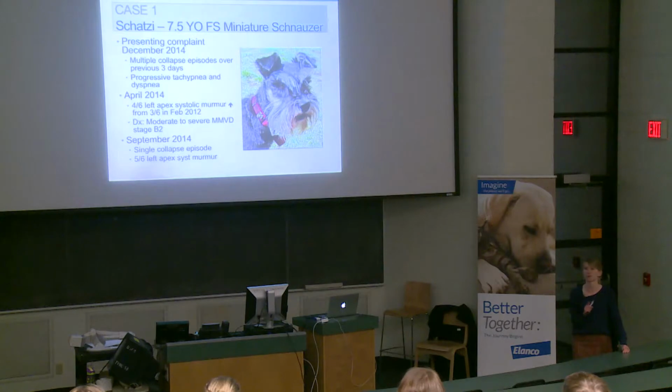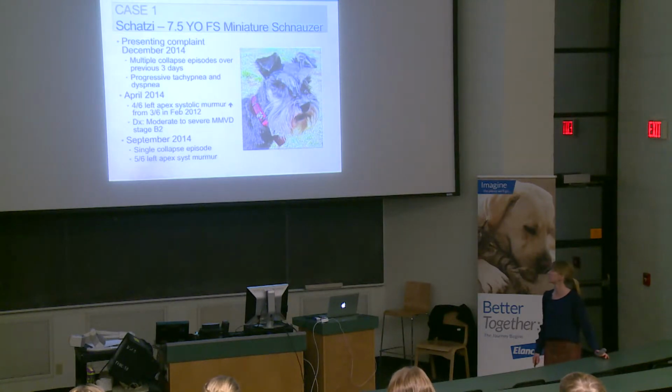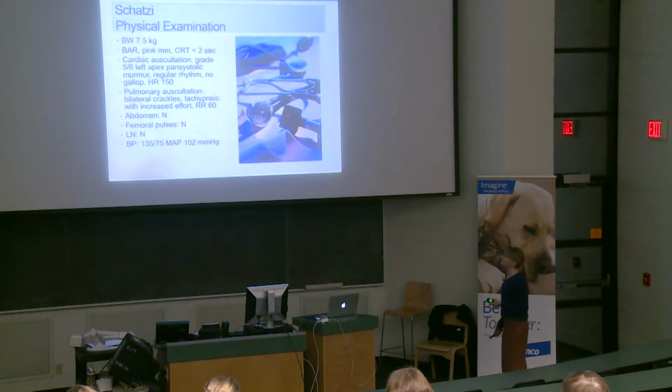One collapse episode where she darted out in the backyard, chased a squirrel, and fell over. It was very transient. She was up and at 'em within a couple minutes and completely normal and never looked back until December. So here's where she presents with multiple collapses and also tachypnea and dyspnea.